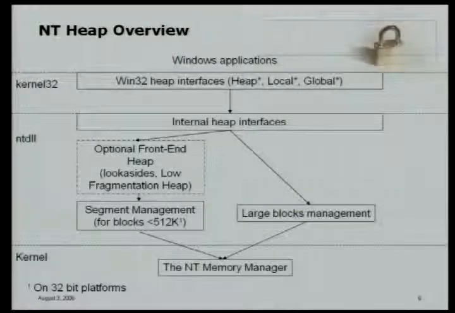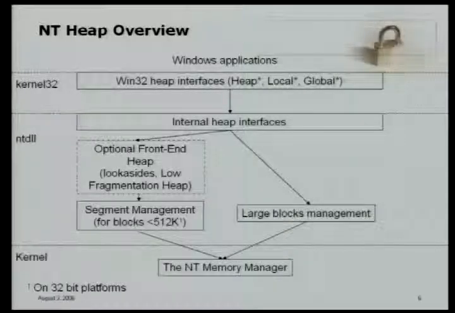So I'm going to dive into the NTDLL part, where the biggest part of the heap management is implemented. There are three things you might need to consider here. We have management of a big chunk of memory we get from the system, and this is the segment management.